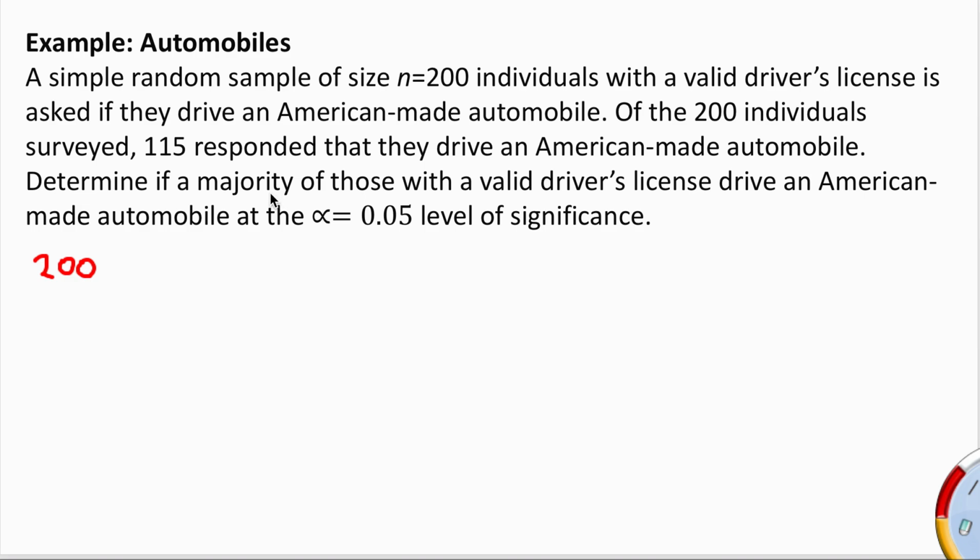Is it half or more? So 0.5 times 1 minus 0.5 is 0.5. I don't even need a calculator for that. Half of 200 is 100, half of 100 is 50. So that's greater than 10.